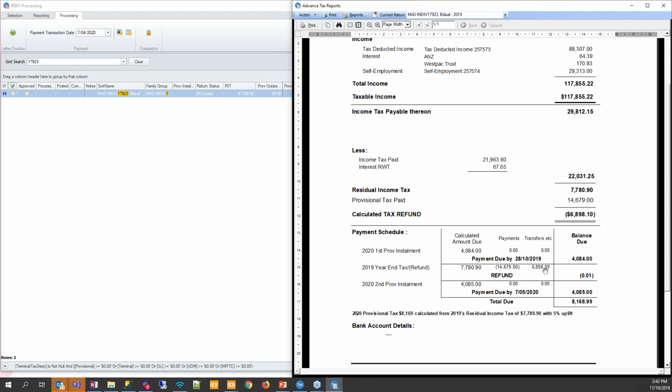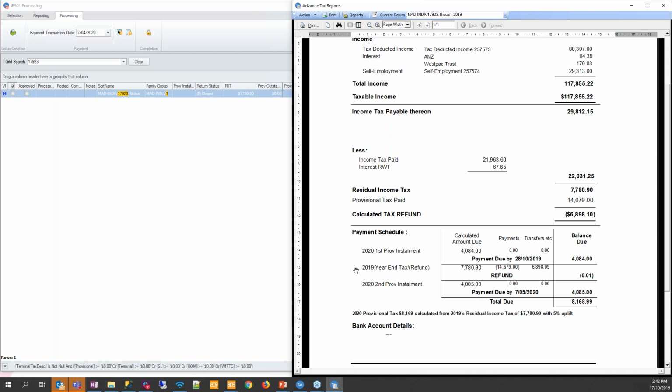So there have been some comments about changing the wording. It currently says terminal tax refund, and I guess everyone has always associated that with the post-provisional wash-up figure, whereas now effectively this row is the full year's summary in terms of payment schedule information.